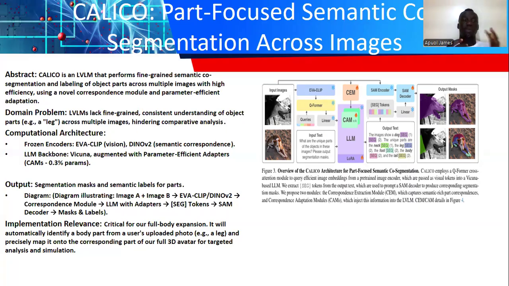I picked this paper because I was thinking that when we take a picture of the part we need to analyze, be it the leg, our system will identify that this is a leg, show us within our 3D where the leg is, map it there, and then we can view it. So that is why I picked this one.